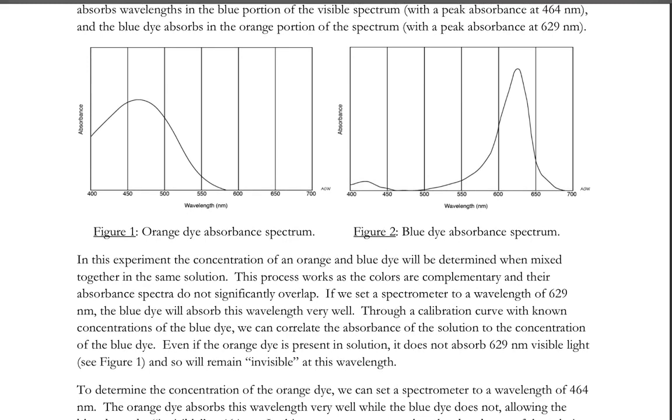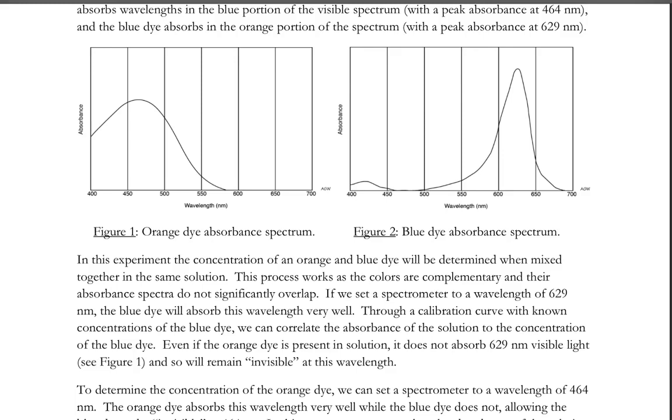Apparently 464 is where the peak is. And at around 600, the absorbance is essentially zero. If we look at the blue dye absorbance spectrum, we see that it peaks between 600 and 650. It peaks at 629 nanometers. And around the 464 nanometer range, there's very little absorbance, if any at all.